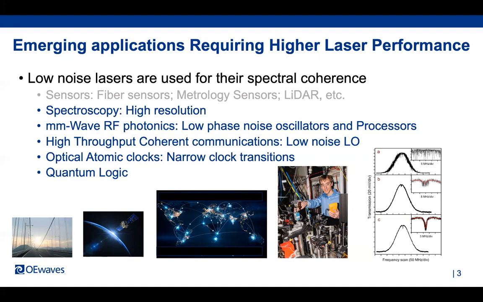It turns out that the noise associated with that line width can be managed by signal processing and is not so much of interest. But recently, it's been demonstrated that for high throughput coherent communications, attention must be paid to the so-called 1/f noise of the laser.